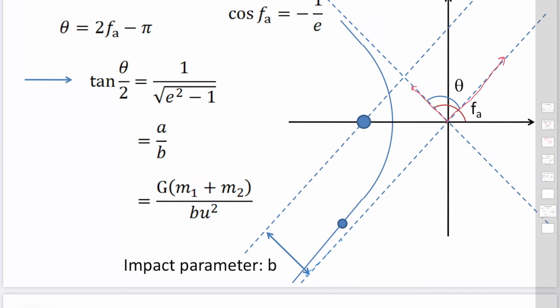Then f sub a expresses the asymptotes: cosine f sub a is minus 1 over e, as we discovered. Then we would like to express the scattering angle theta.